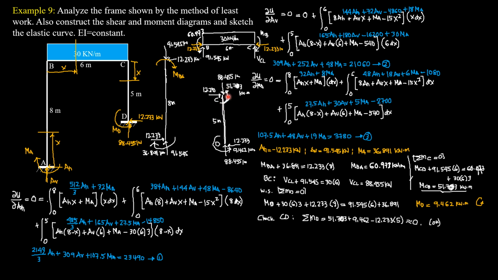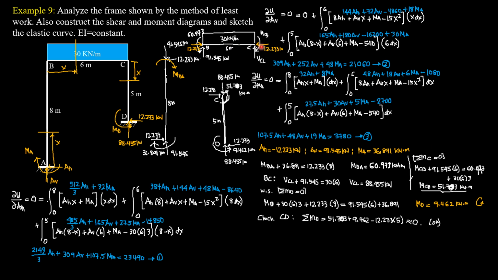Moment CB, from summation moment about C considering BC equals 0: MCB, which is assumed clockwise here, plus 91.545 times 6 equals 60.973, this moment here, plus the moment of the load, 30 times 6 times 3.